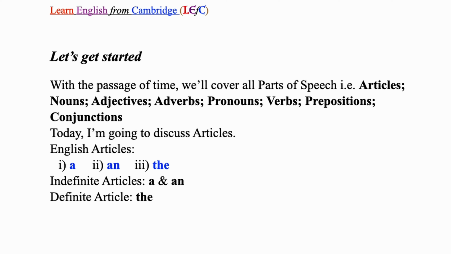There are two types of articles: indefinite articles and definite articles. A and an are labeled as indefinite articles and the is called the definite article.